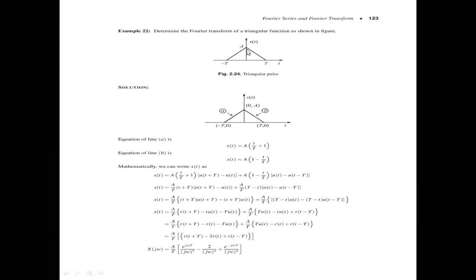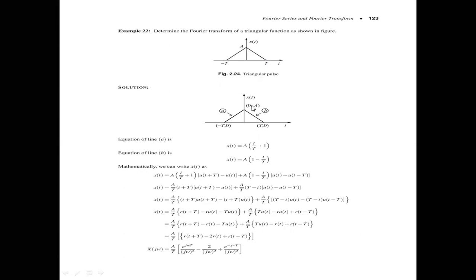First of all, find the slope of this, from −T to 0, and the slope equation from 0 to T. The magnitude is 0 at both −T and T. At 0, the magnitude is A. At −T, the value of x(t) is 0, and at t equal to capital T, x(t) is also 0. Gradually it is decreasing from 0 to T, and gradually it is increasing from −T to 0.